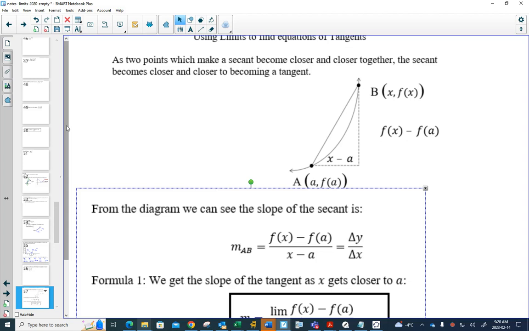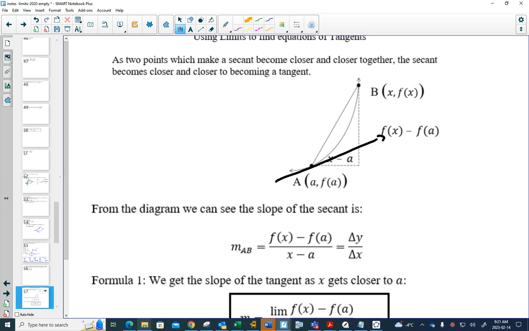So I've got a curve right here. And I've got a point A and a point B. And if I find the slope from A to B, that would be my average rate of change. That would be my slope of my secant line. And my tangent line right now is right here.